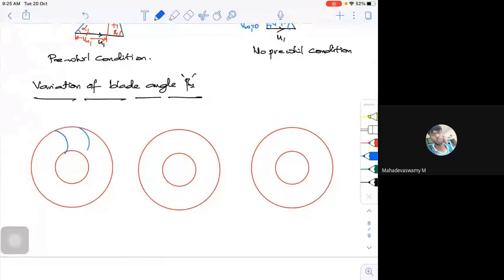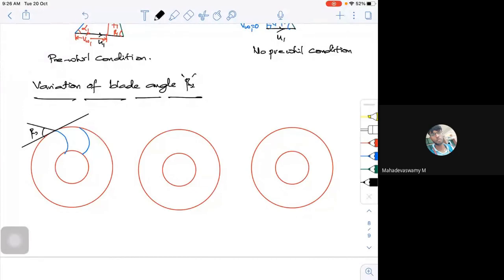If I try to draw a tangent for this blade at any given point, so this is the tangent, and if I try to draw the angle for it, this is the angle. This is the value of your beta 2.